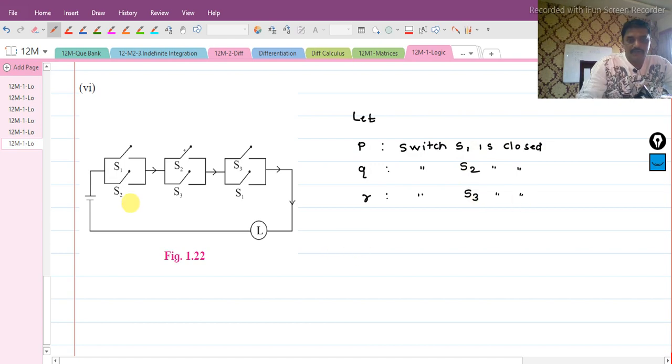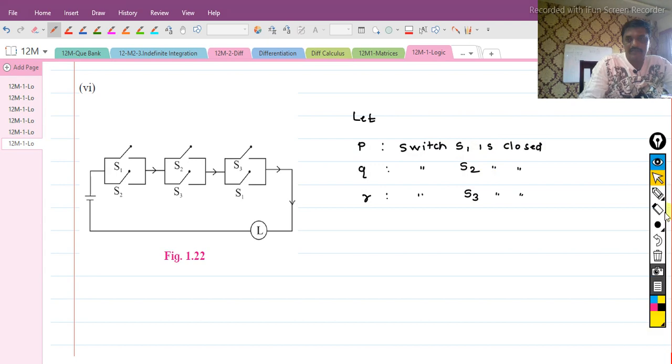Now what are these two? What do we see here? These two are in parallel.